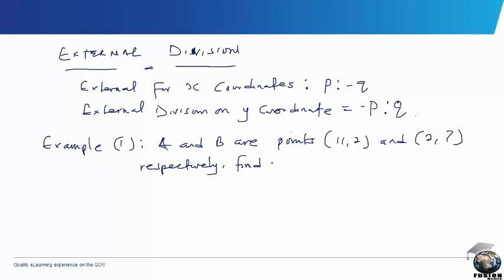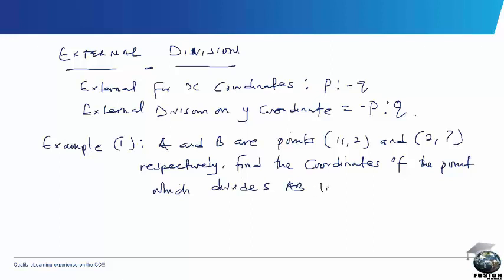Find the coordinates of the point which divides AB internally and externally in the ratio 2:1.